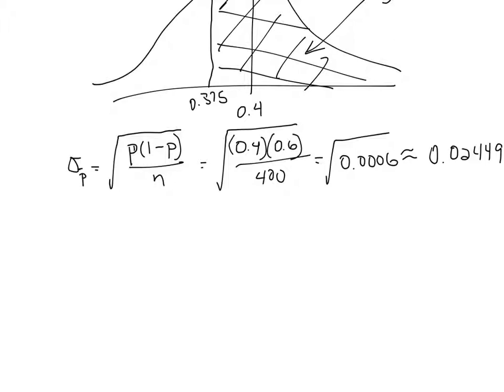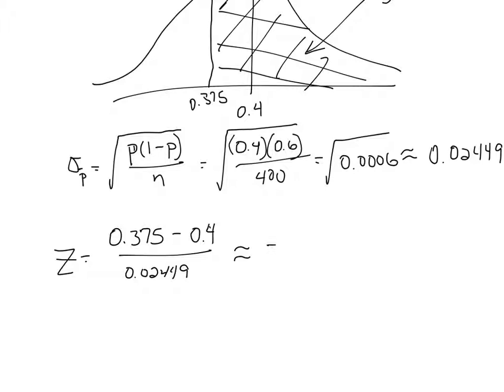Remember to calculate the z-score, Z is x, which in our case is 0.375, minus mu, or in our case, p, 0.4, all over sigma sub p bar, which we just calculated, 0.02449, and that gives us approximately negative 1.02.